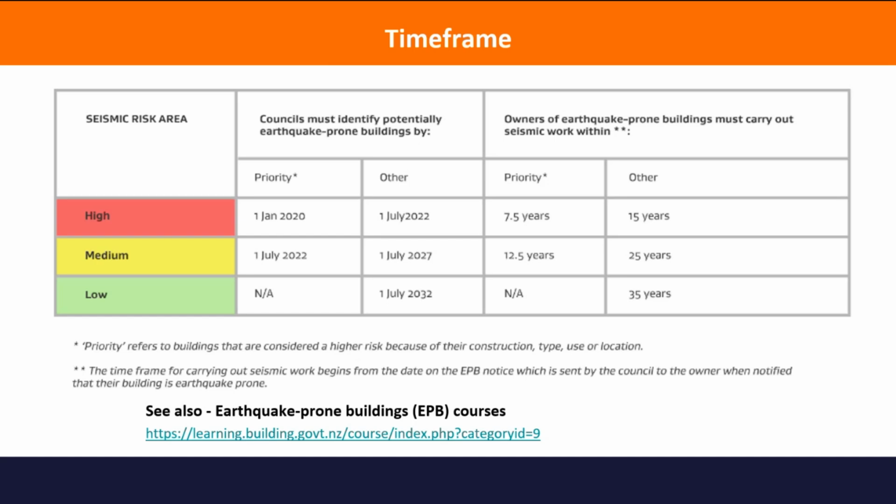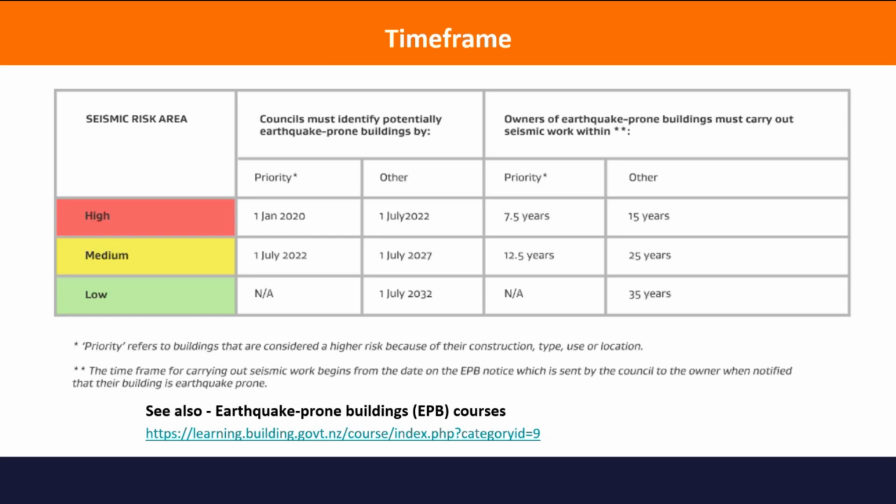Dear old Auckland's got till 2032 to identify all the earthquake-prone risk buildings. Once they've been identified, the owner has between 7.5 and 35 years. So if you're in Wellington in a high-risk building, you need to get it fixed pretty soon. If you're in Auckland and you're identified as an earthquake-prone building, you'd probably put it off, won't you?